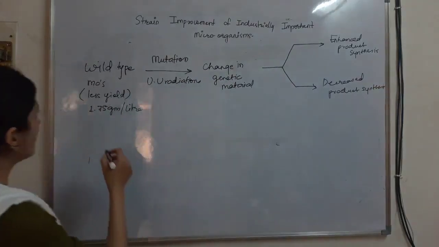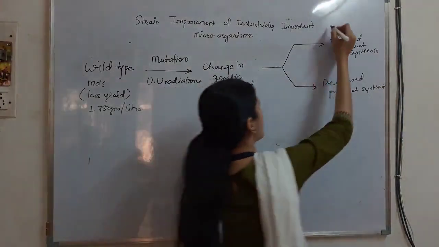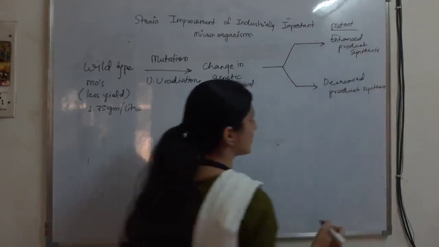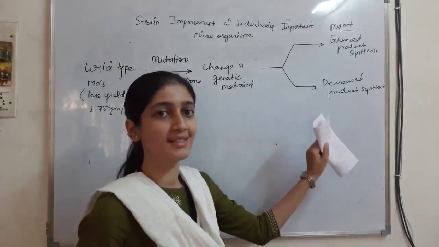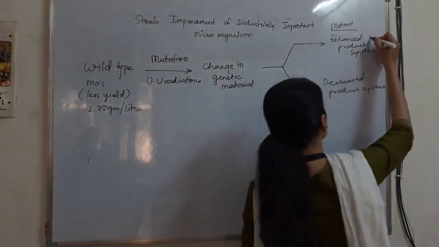So the wild type will be changed into the mutant type, and then a strain is selected which will give enhanced product, which is this one.